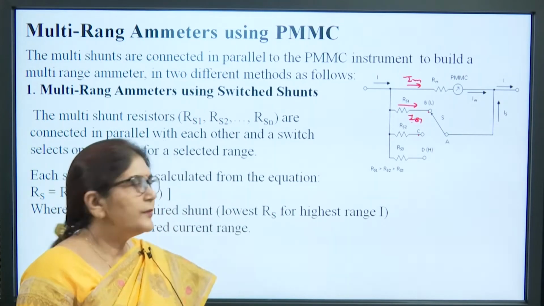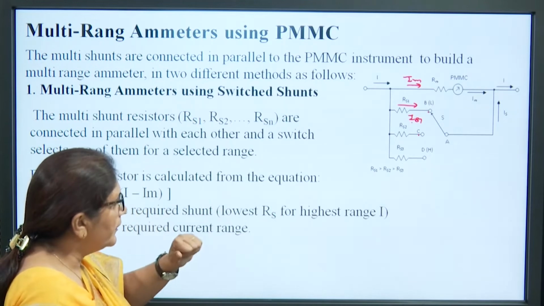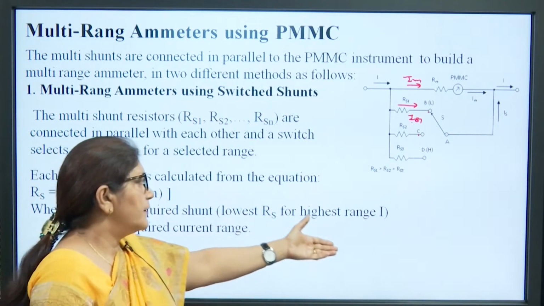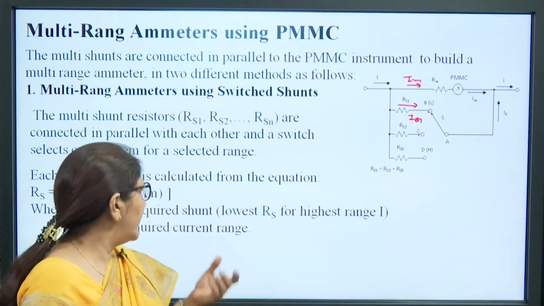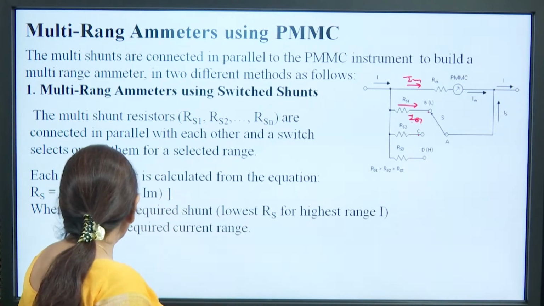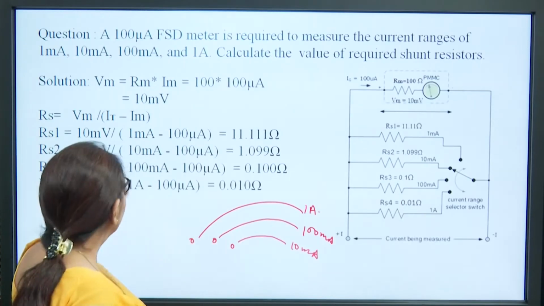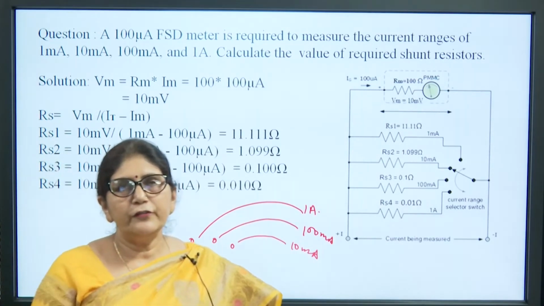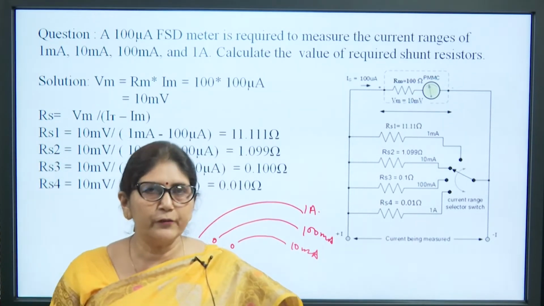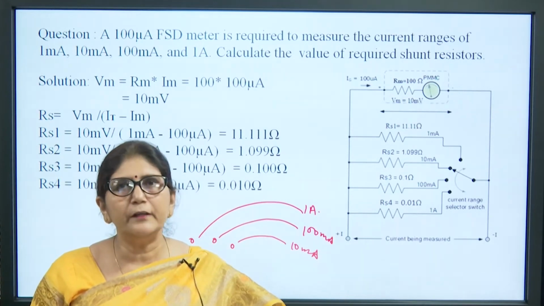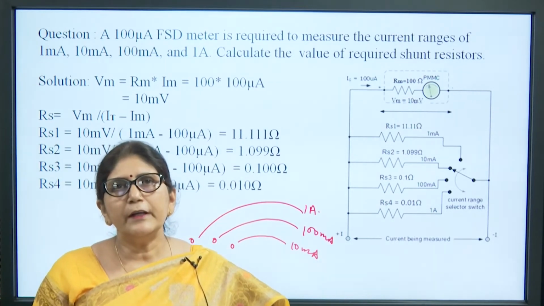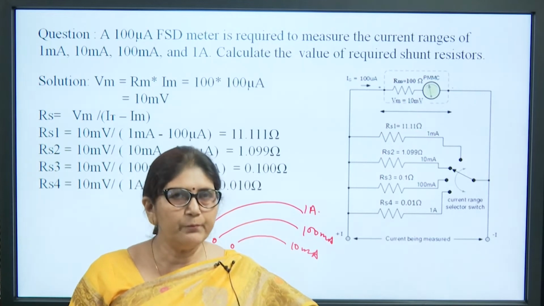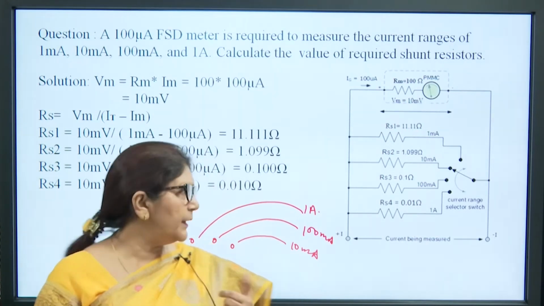So, RS is basically the shunt resistance required, and the lowest value of RS is required for the highest range of I. Now we can see this by an example. Here the question is: a 100 microampere full scale deflection meter is required to measure current ranges of 1 milliampere, 10 milliampere, 100 milliampere and 1 ampere.